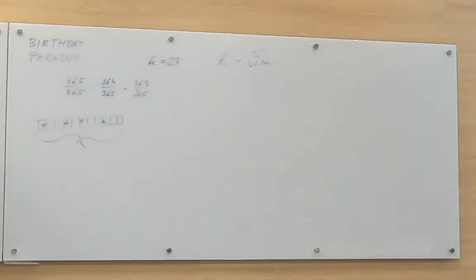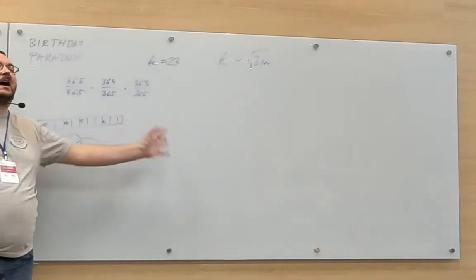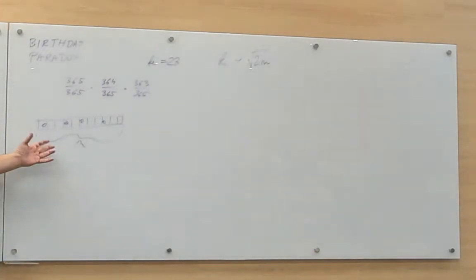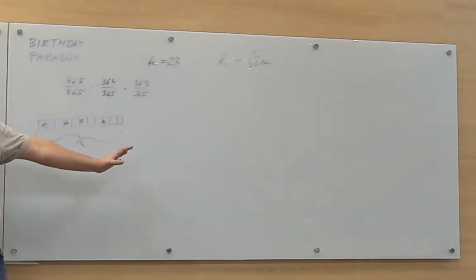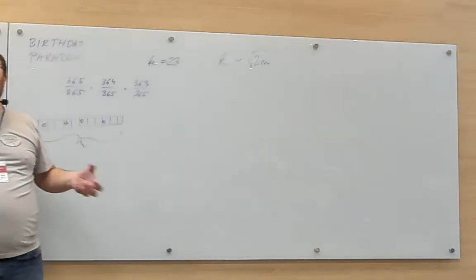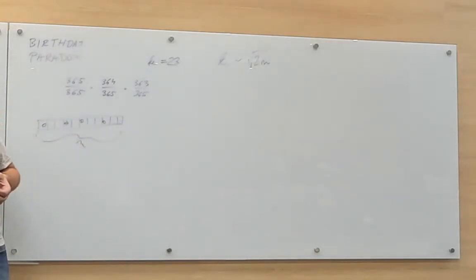So if you want to store 100,000 elements, and you don't want to deal with any collisions at all, you would need an array of size not 10 to the 6, not 10 to the 7, but, if you are storing 10 to the 6 elements, you need an array that is bigger than 10 to the 12, roughly. So the square of the number of inserted elements is roughly where it becomes reasonably likely that there will be no collisions.